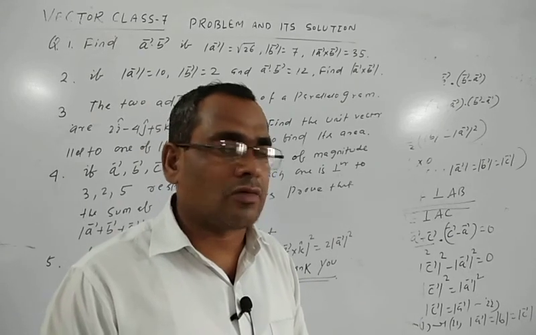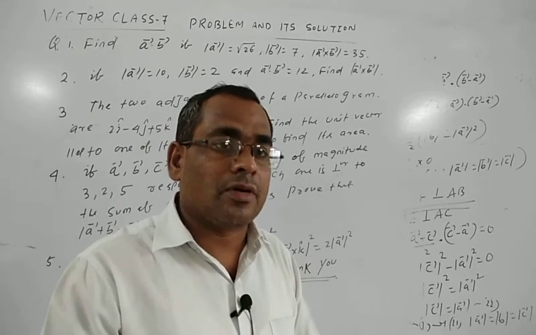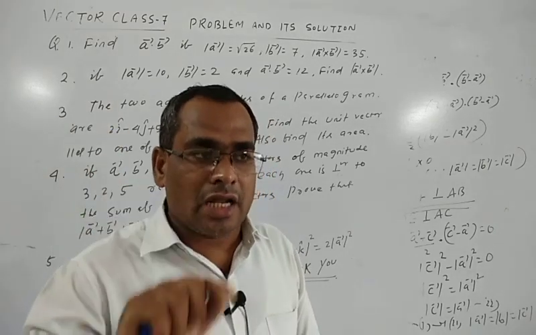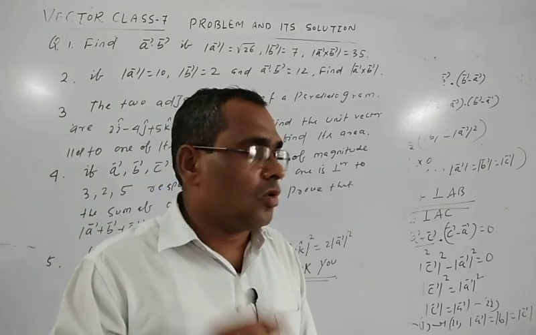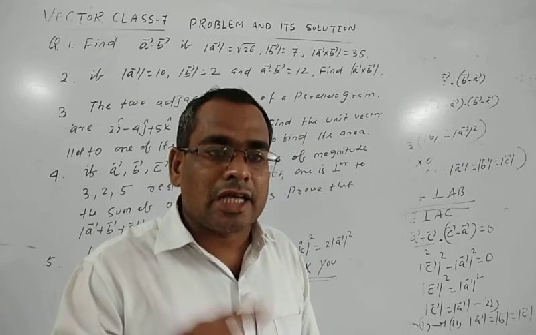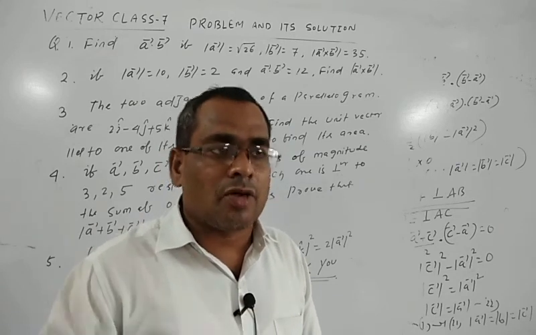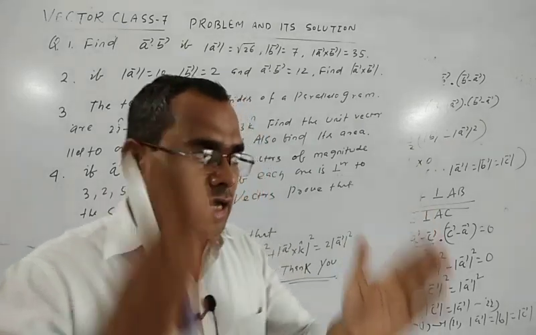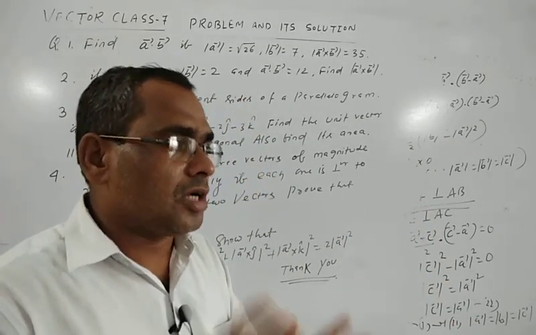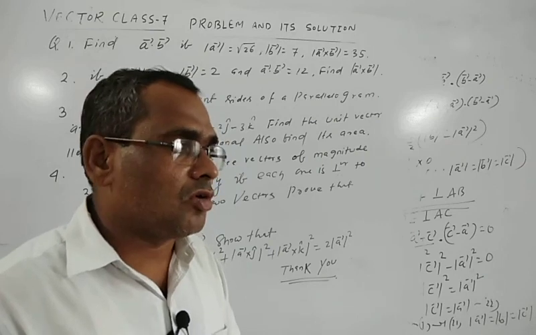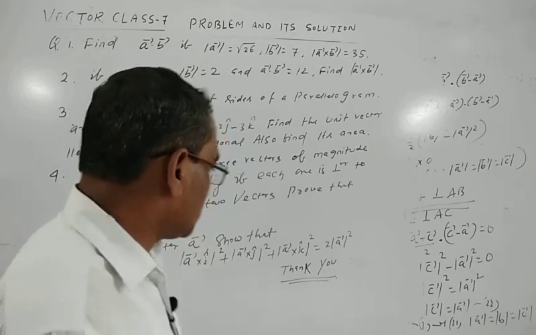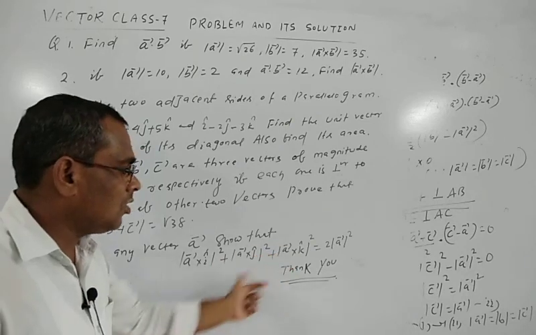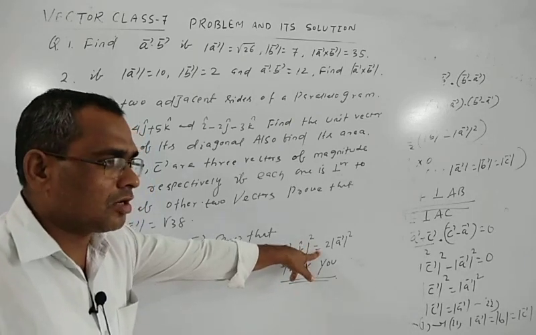First calculate A vector cross i cap, which is the determinant of i cap, j cap, k cap, then the components of A vector in the second row x, y, z, and the components of i cap in the third row, 1, 0, 0. Expand the determinant, then take its magnitude square. Similarly for the others. So you get 2 into A vector magnitude square.